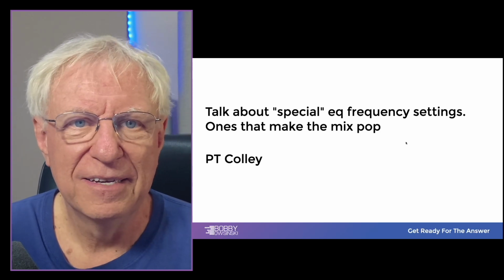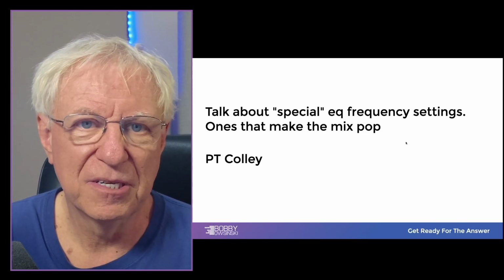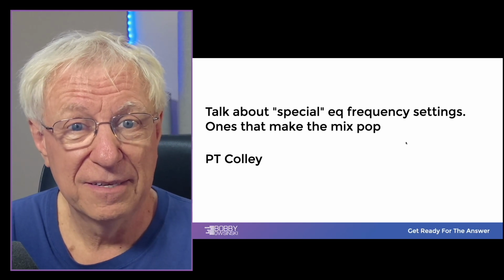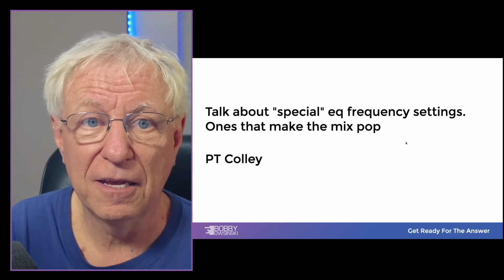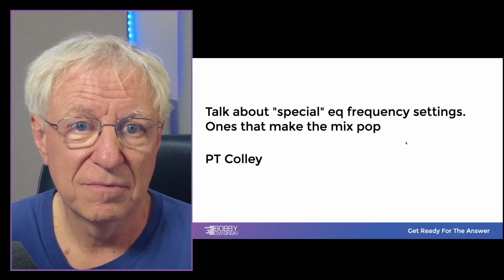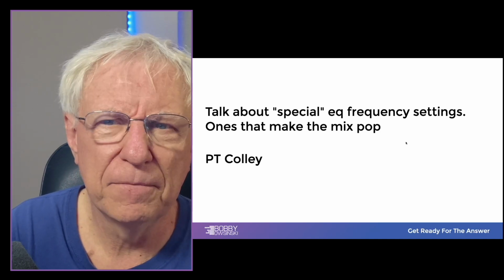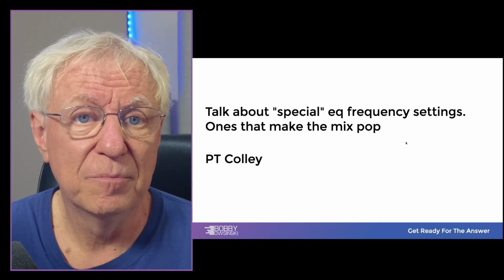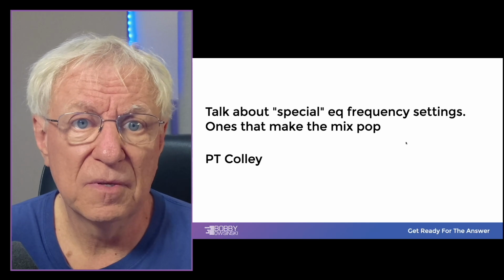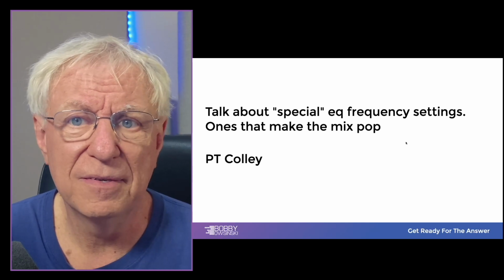Now, that being said, 6K, the presence frequencies, are often missing. So you take away a little 500, add a little 6K, and you'd be surprised how much better some tracks can sound. The air frequencies at 10K also help on certain mix elements. So, those are just some that you can look at.